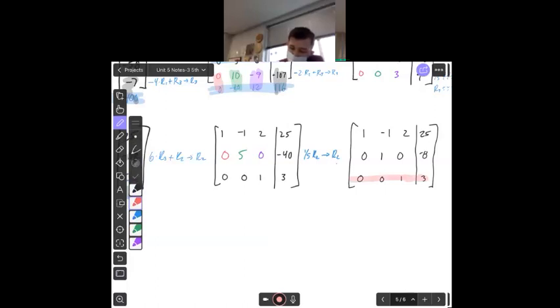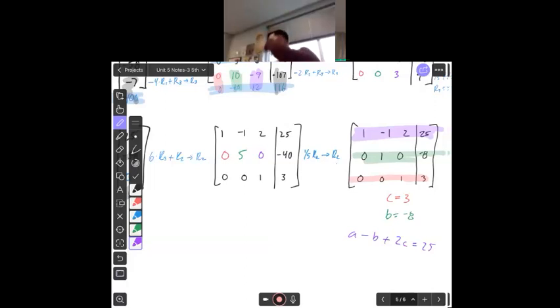So now we have C is 3, and B is negative 8. We can use that top row to find A. We have 1A minus 1B plus 2 C's equals 25.